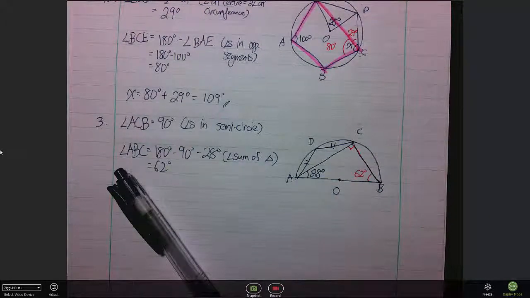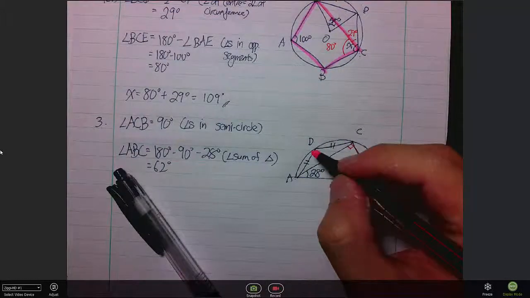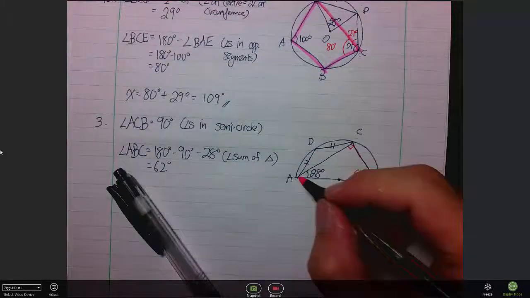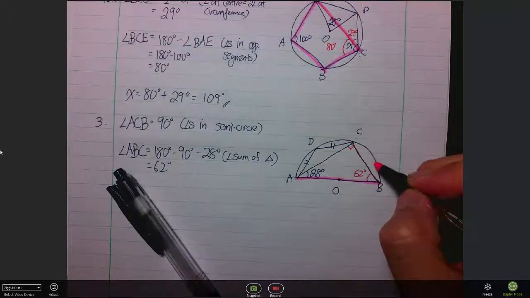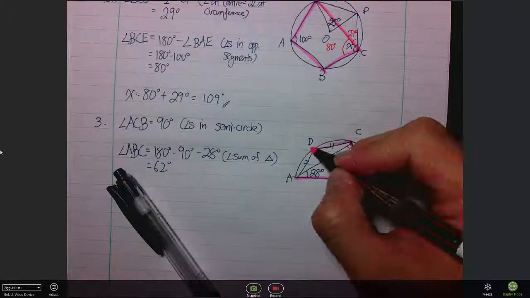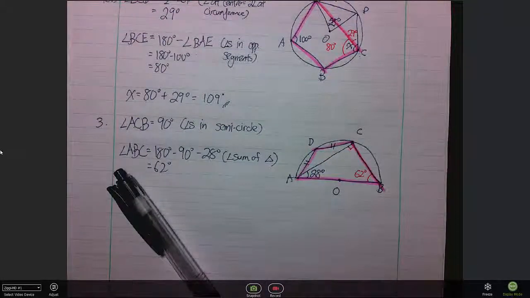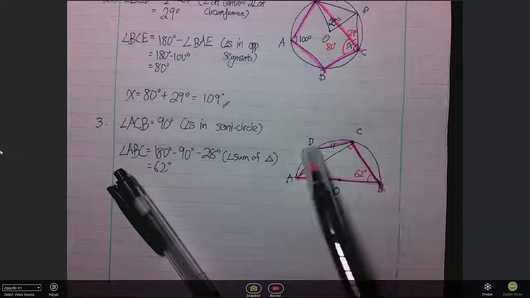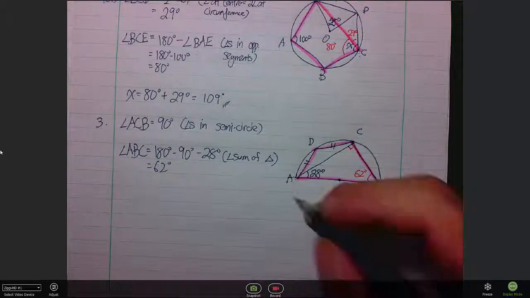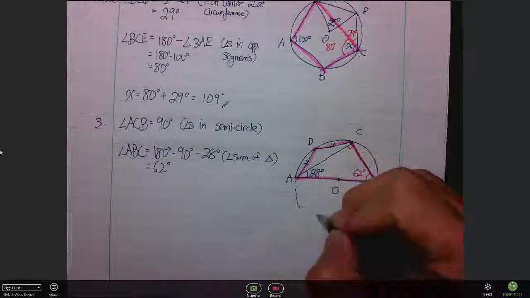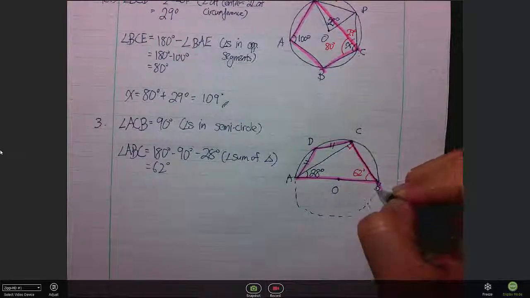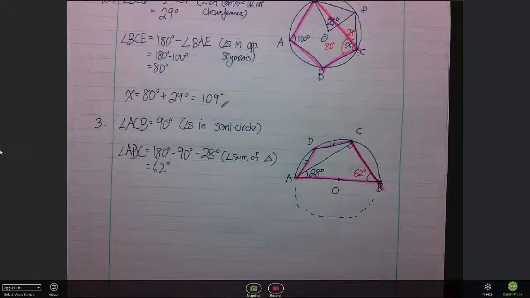Now, here's where we have this slight trick. Notice that A, B, C and D actually form a cyclic quadrilateral. All 4 points are actually on the circumference of the circle. You may not be able to see it, but if you were to extend down here like this, it actually forms a cyclic quadrilateral.